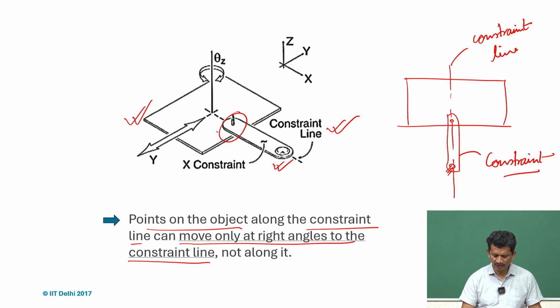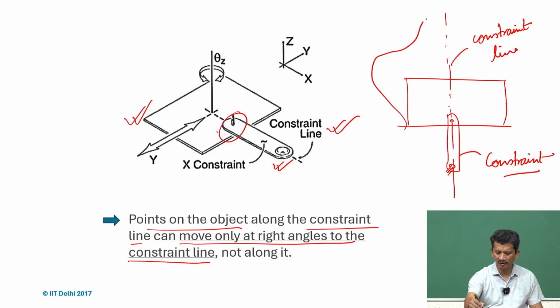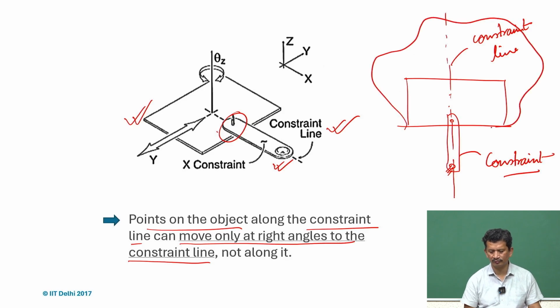So, what it says, the moment we provide a constraint, the points on the object along the constraint line, any point, any object, it can be any irregular shape also, any point along the constraint line can move only at right angles to the constraint line.